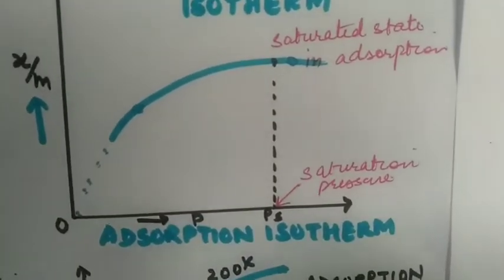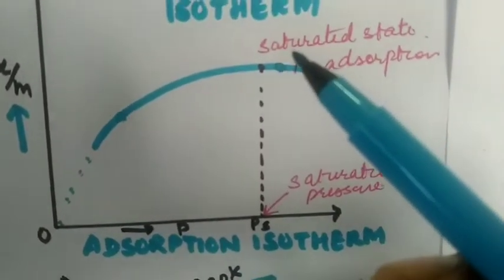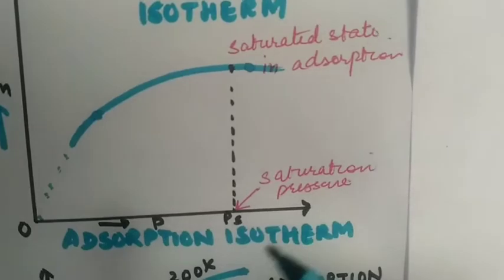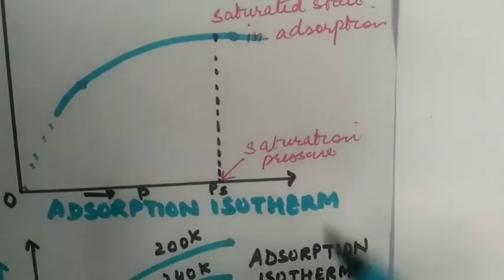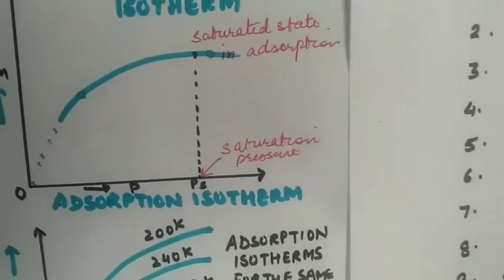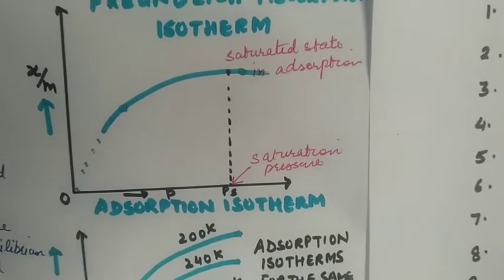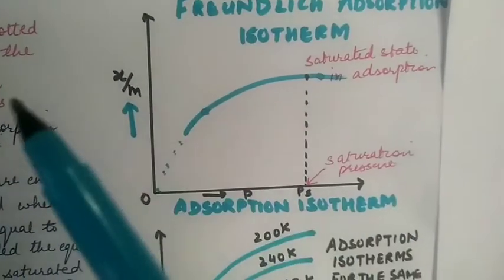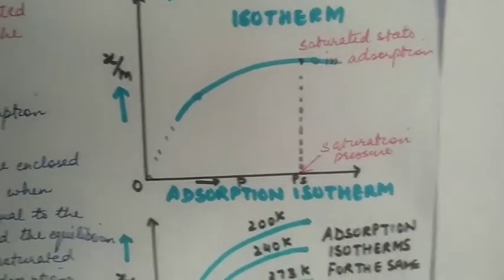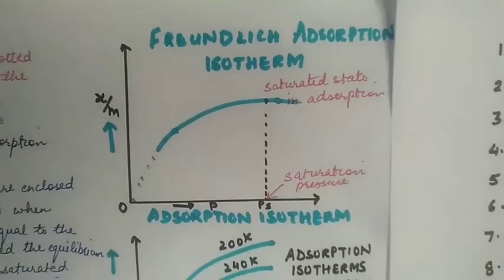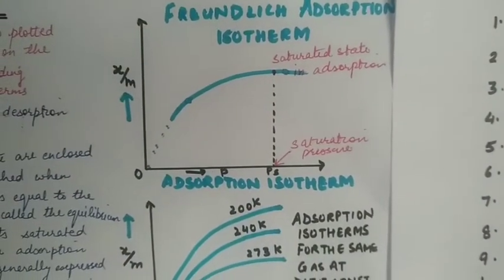So this stage is called the saturated state in adsorption, and the pressure at which this saturation occurs is called saturation pressure. So this kind of graph plotted between extent of adsorption and pressure is called adsorption isotherm.